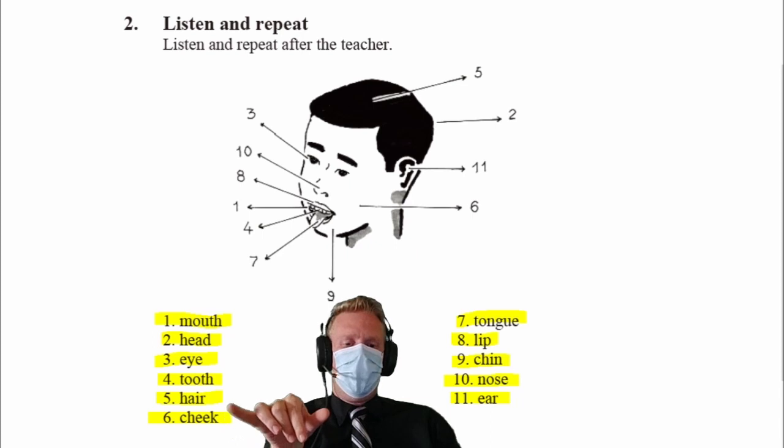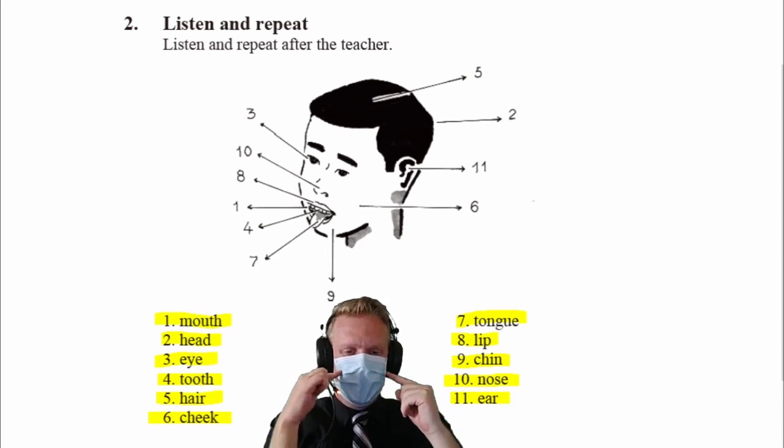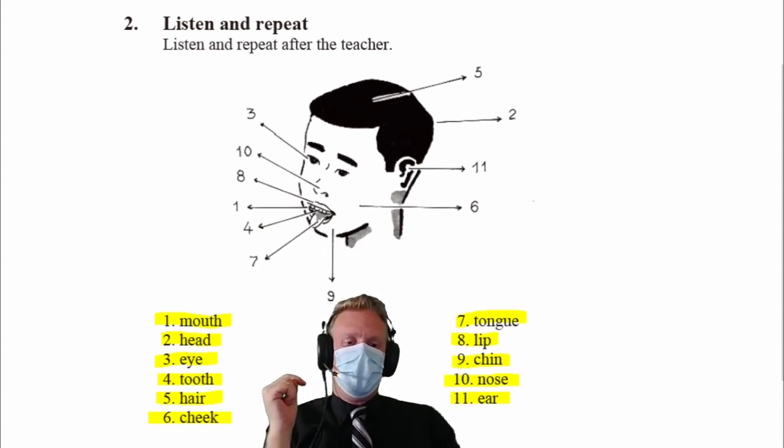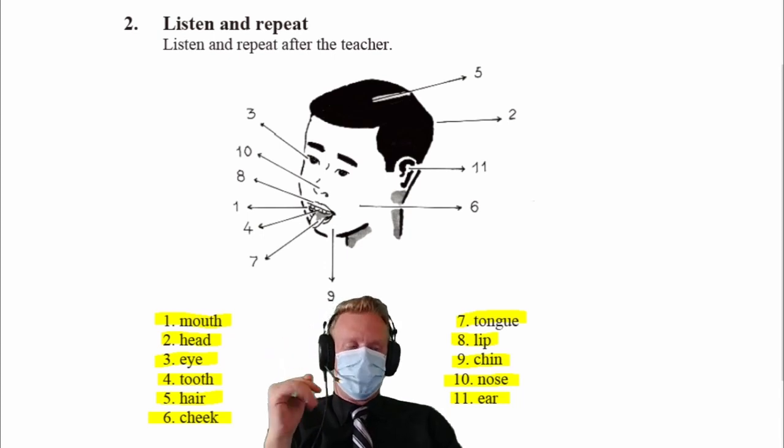And hair stays the same, no S. Cheek, cheeks, we have 2. Next one we have 1 tongue, we have 2 lips, 1 chin, 1 nose, 2 ears. Ears, listen to the pronunciation. So we just add S.